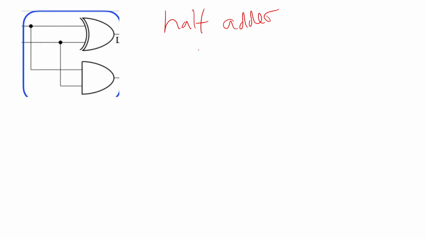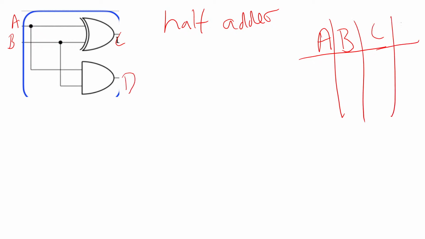If we have different inputs, A here, B here, I would just draw a truth table. This will be C, and this here is D. A can be 1, 1, 0, 0, and B can be 1, 0, 1, 0. These are different inputs. If we input A here and B here, so 1 and 1 is going in, we're going to get 0. This is an XOR gate.